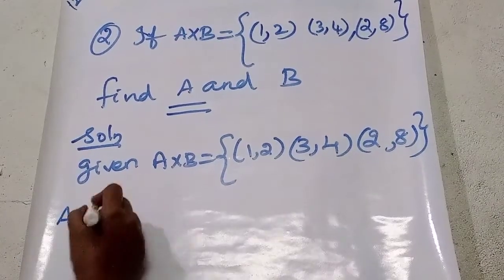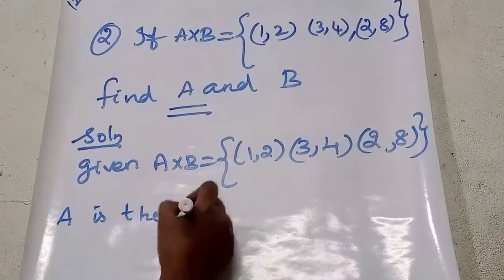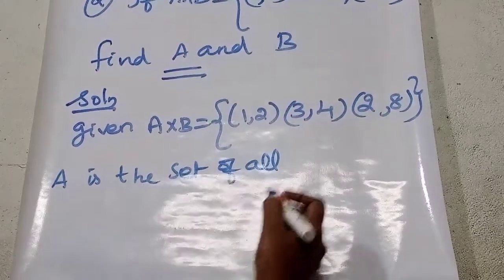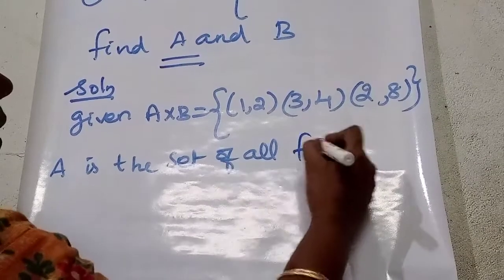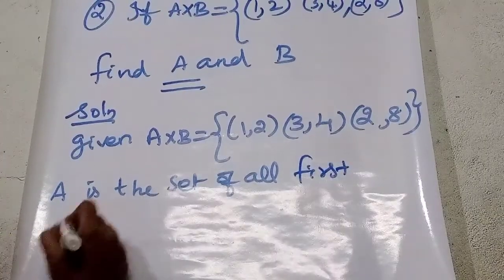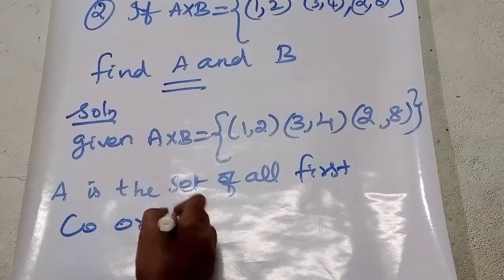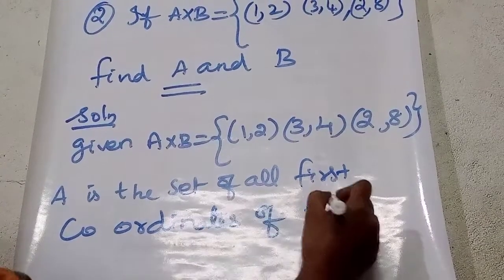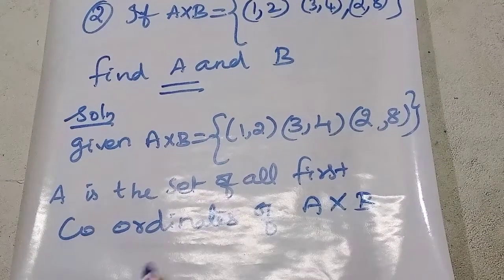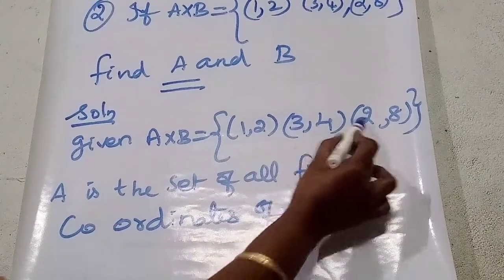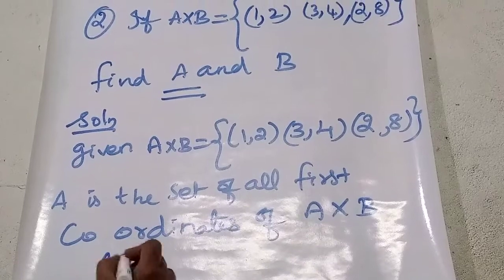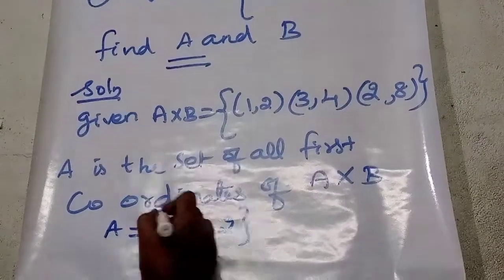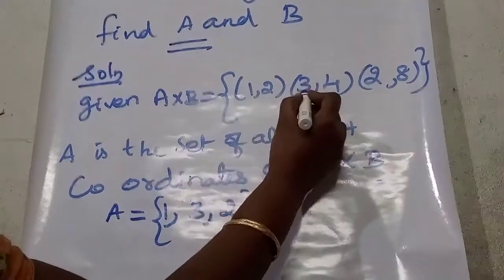A is the set of all first coordinates of A cross B. What are the first coordinates here? 1, 3, 2. So A is equal to {1, 3, 2}. All these first elements.